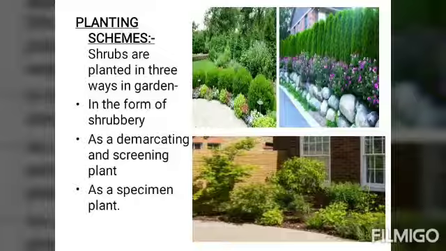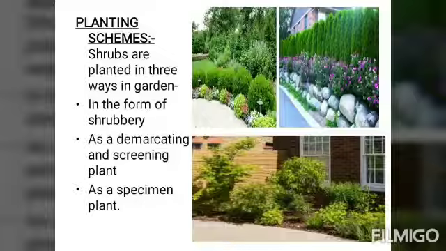I have already discussed the major purposes of planting shrubs: to enhance the beauty, to provide fragrance in the garden with flowering shrubs, to act as a boundary or give privacy to the family, and even to reduce the wind, control traffic, reduce soil erosion, and conserve moisture.